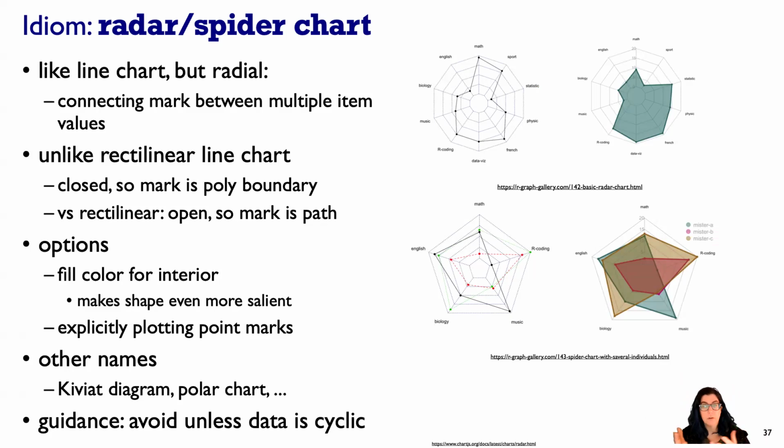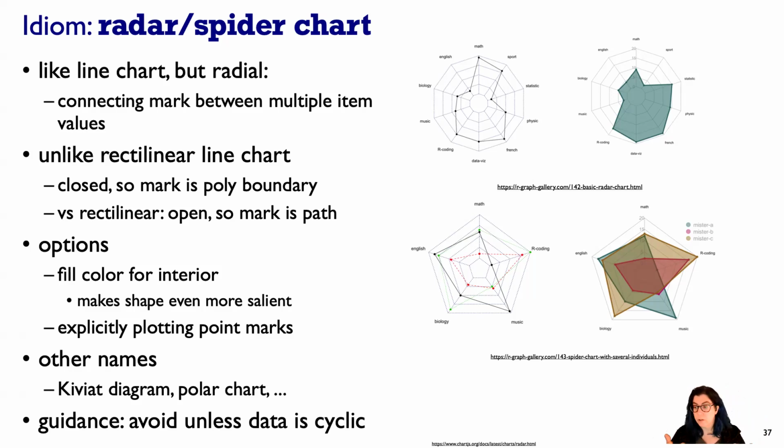It's actually a 2D shape. That's the boundary of a 2D shape rather than just a line with free-floating endpoints. So from a perceptual point of view, it's quite a different state of affairs with these radar charts than with a line chart. Now you can fill in the interior. You don't have to, but as we see on the right, we've got the interior fill, and that makes that shape even more salient.